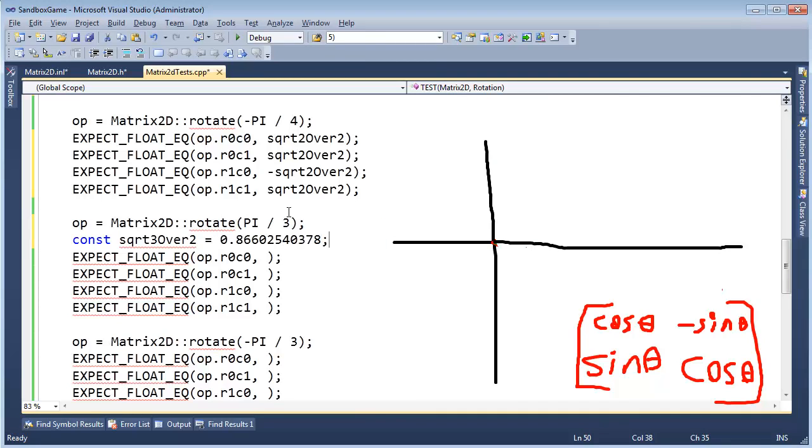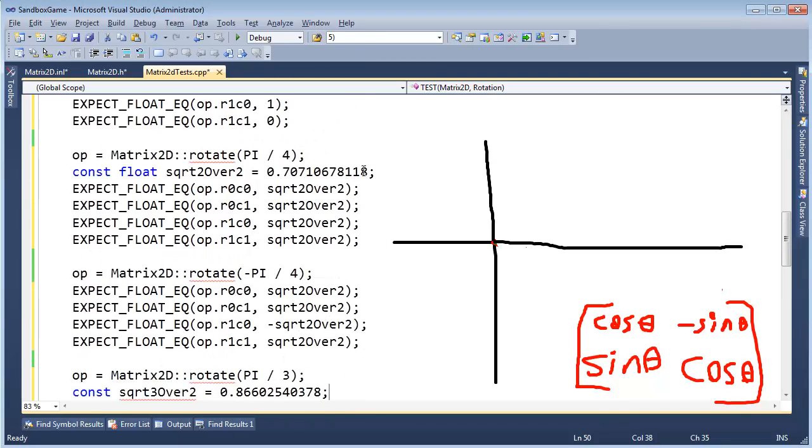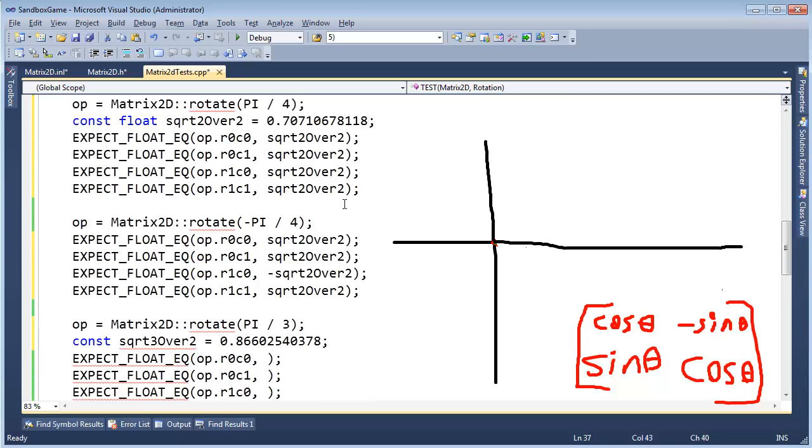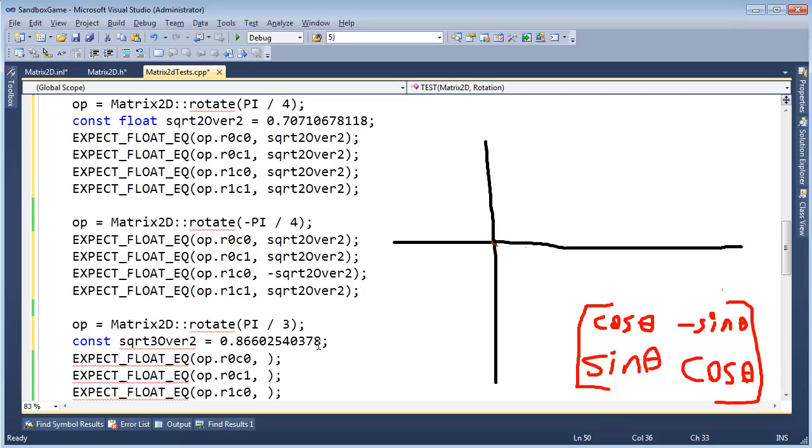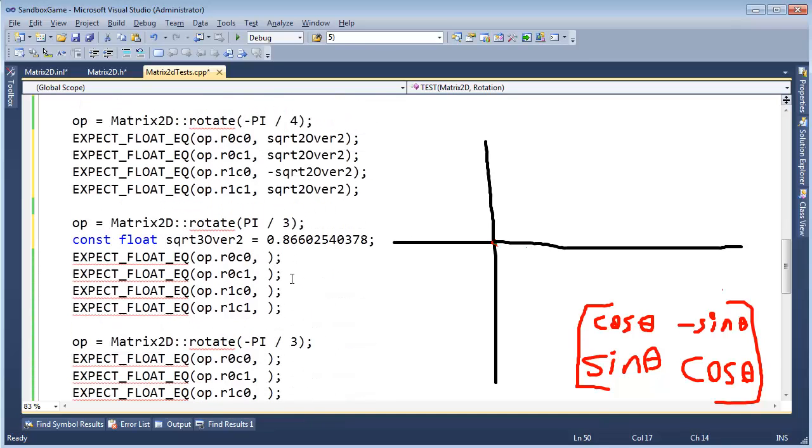Put that there. And I think the compiler is going to complain, because we're not suffixing these with f to make these literals float, so then they're doubles. But let's see, maybe the compiler will complain, maybe not. We'll just roll with it for now and add them if we have to.